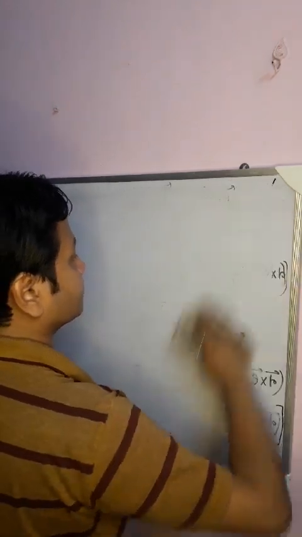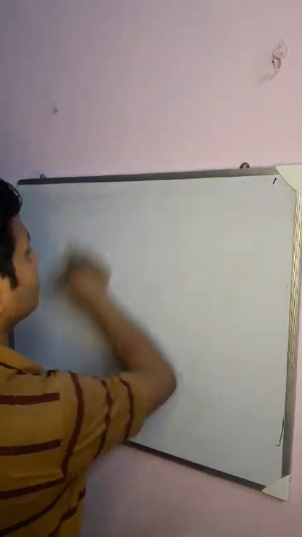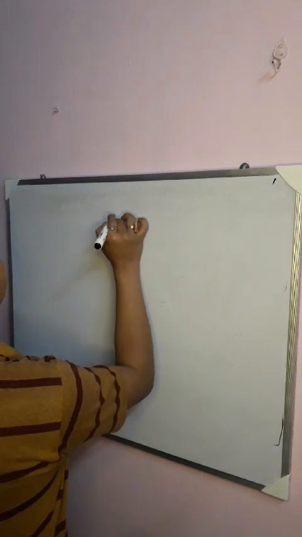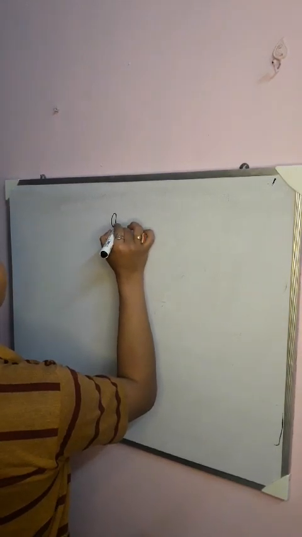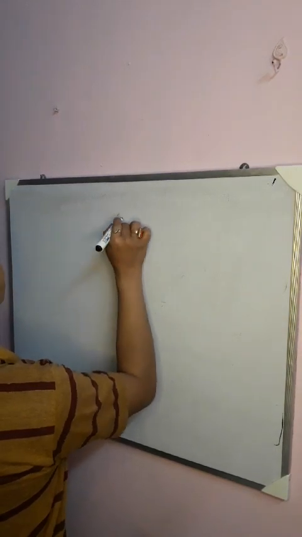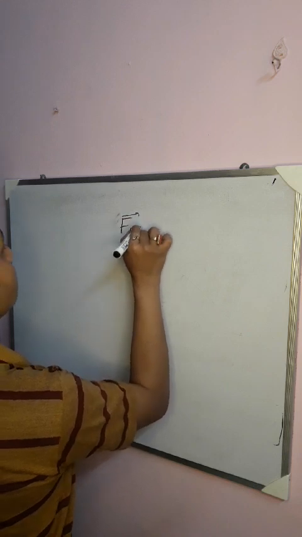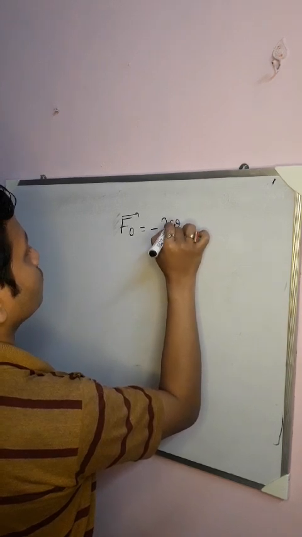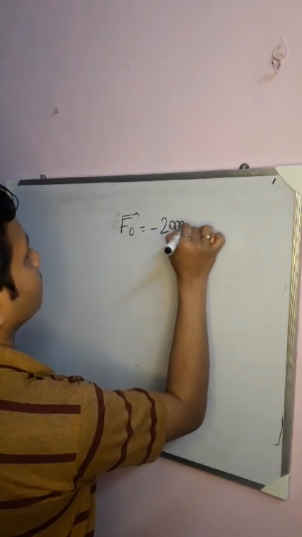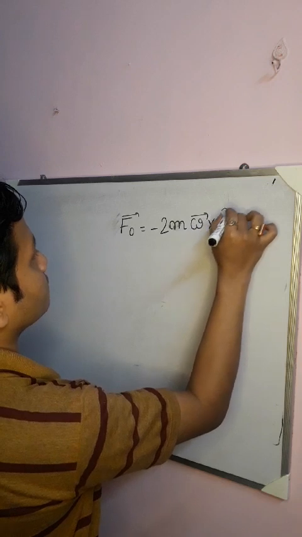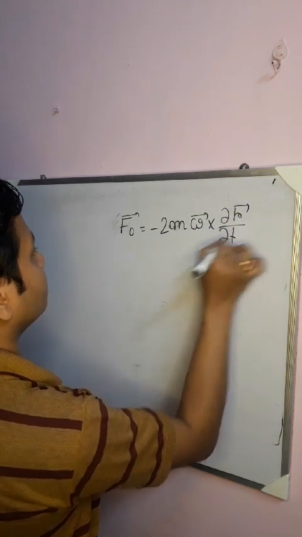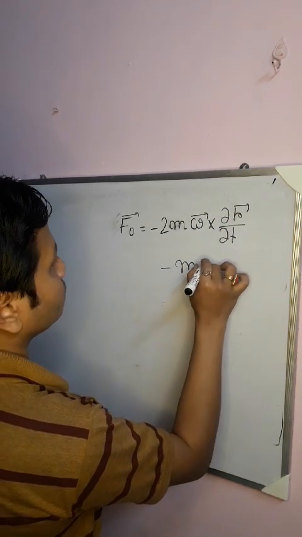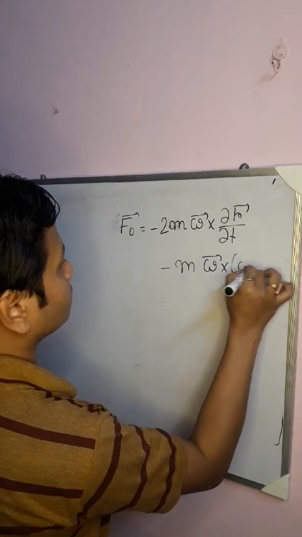Comparing with the previous expression, that is a equals a naught plus a dash, we get the force Q, this minus 2m omega cross del r/del t minus m omega cross omega cross r.